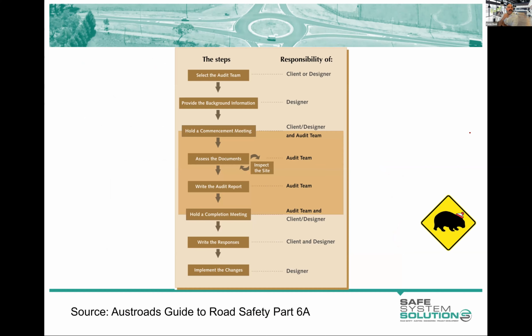Okay, so these are the steps, and this is out of the Austroads Guide to Road Safety Part 6A, and you see the steps there, and also it's got there who is responsible for these steps. The steps are: select the audit team, and that's the responsibility of the client, the designer, the project manager, whoever it is.